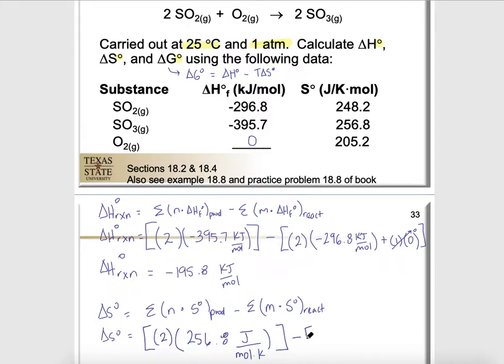And to that, I'm going to be subtracting everything for my reactants. In this case, I do have 2 reactants and none of the numbers are 0, so I do need to write everything. So for my first reactant, which is SO2, the coefficient is a 2. And then the entropy for that one is 248.2. And the units are joules per mole Kelvin.